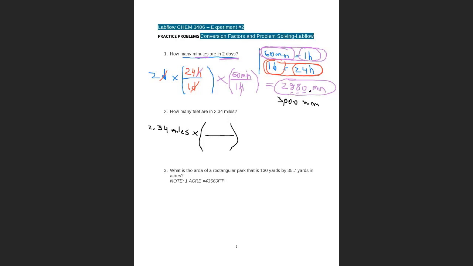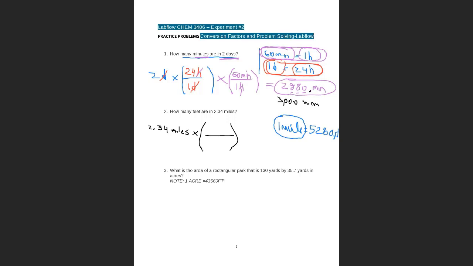We know that 1 mile equals 5,280 feet. Now that you know this, tell me, 1 mile is going up or down?